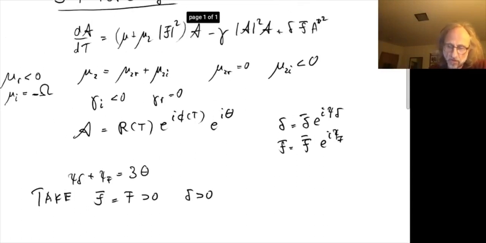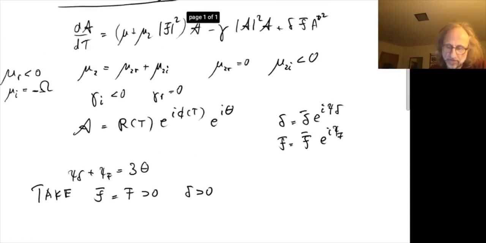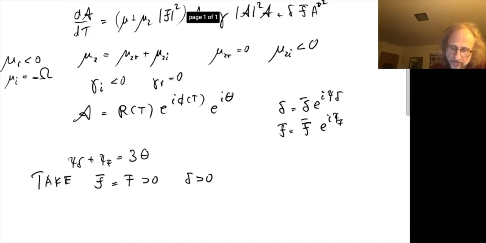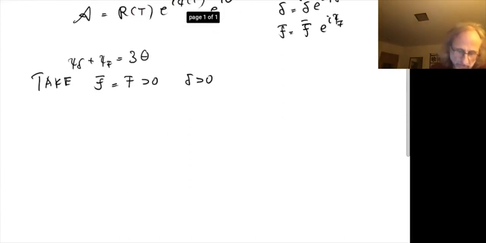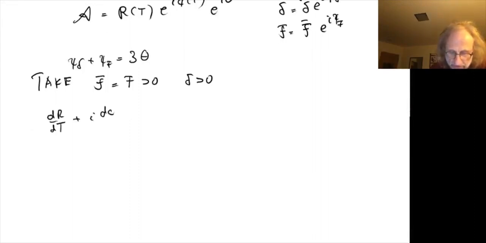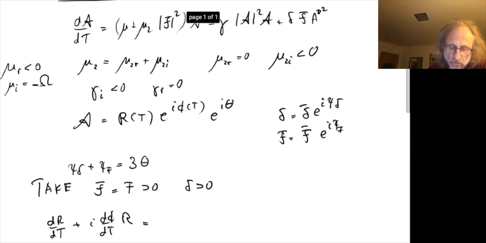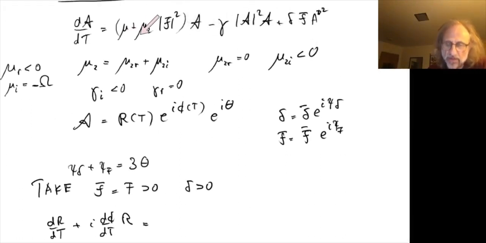Okay, so now we need to analyze that equation. It turns out to be useful to write it really in magnitude and phase. And so when we do that, we plug that in, what do we get? We get dr by dt plus i d phi by dt times r equals, and so we have on the right-hand side with mu, we have this term mu plus mu2 f squared.